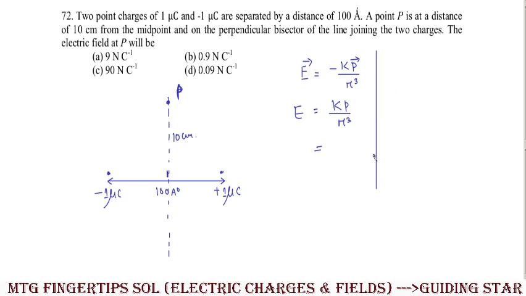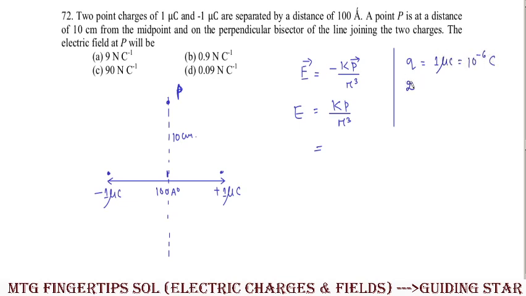Before doing the calculation, we'll write all these values. Here the value of either charge is 1 microcoulomb, that means 10 to the power minus 6 coulomb.